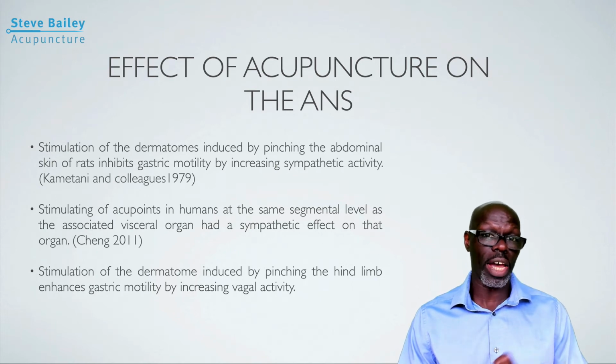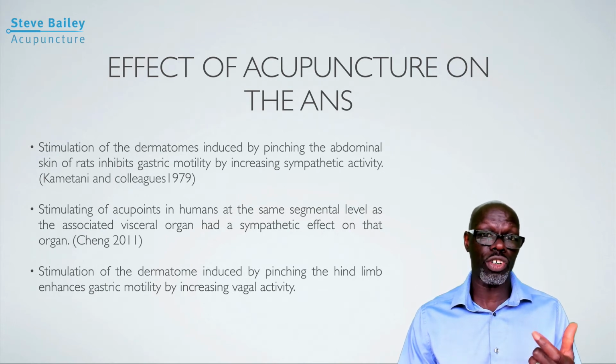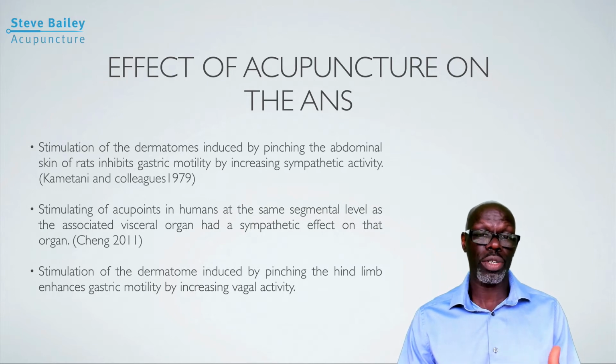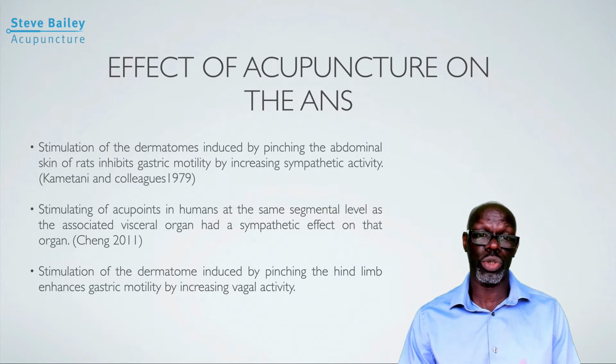So if I want to increase the blood circulation to the stomach, I'm going to utilize a point in the periphery, which will be a parasympathetic response, such as stomach 36. That's going to increase motility of the stomach, and it's also going to increase blood circulation to the stomach.